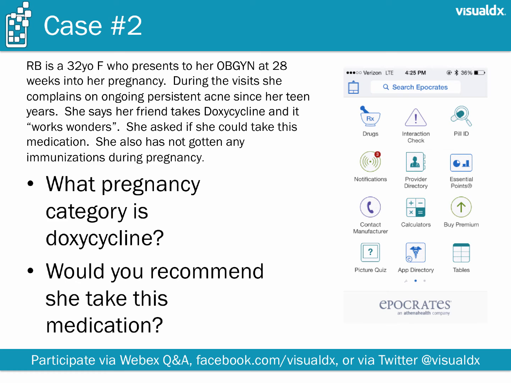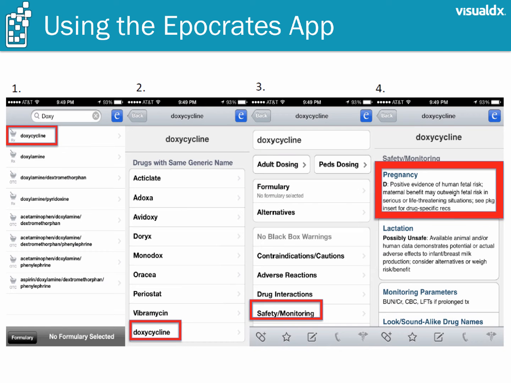So looking at Epocrates, which, like I said, has been around for quite a while. This, like I said, does have a free app involved, and there is a paid subscription that does offer more clarification as far as insurance coverage for certain medications and et cetera like that.